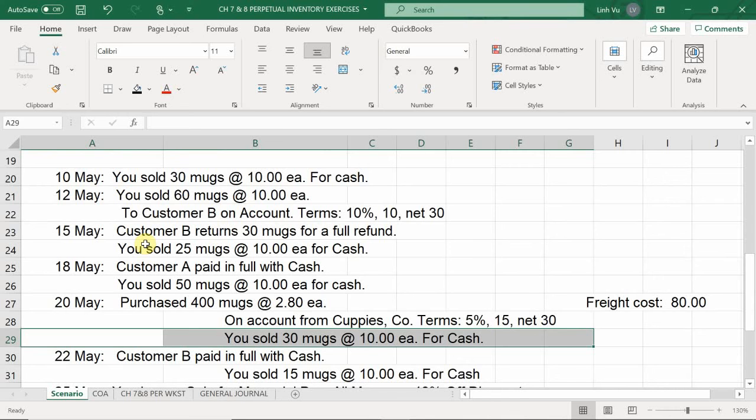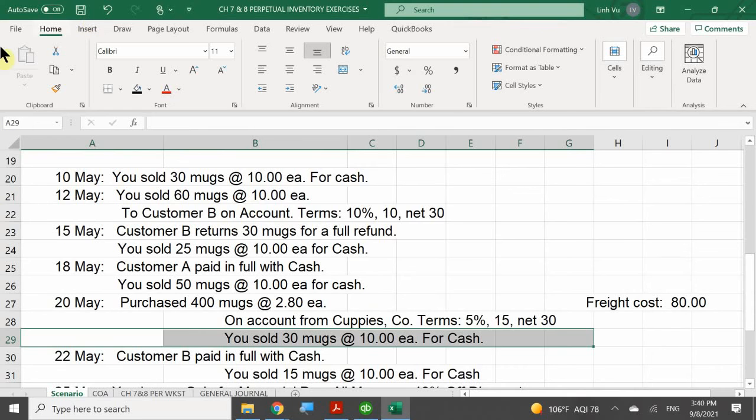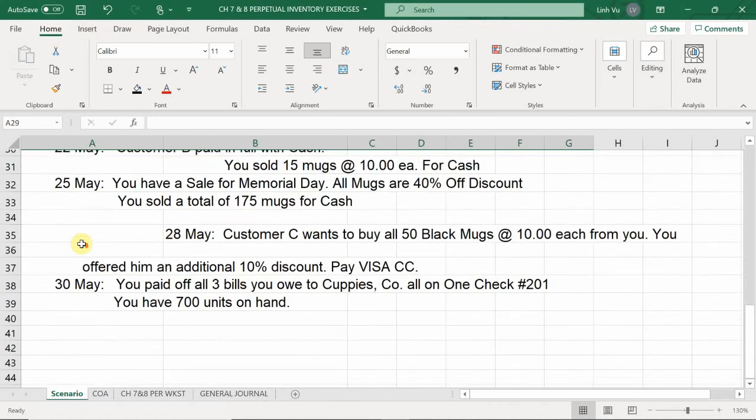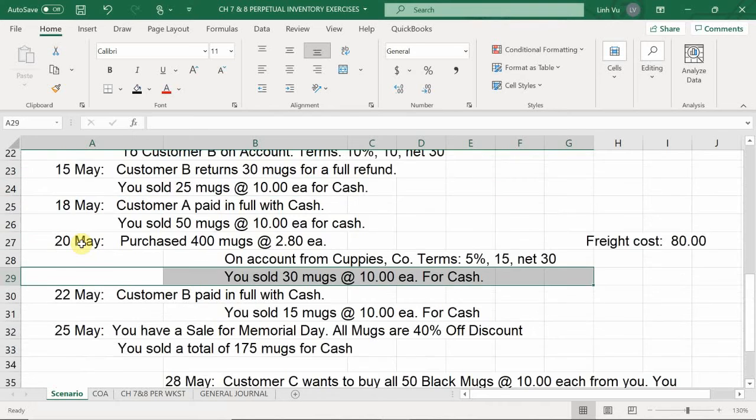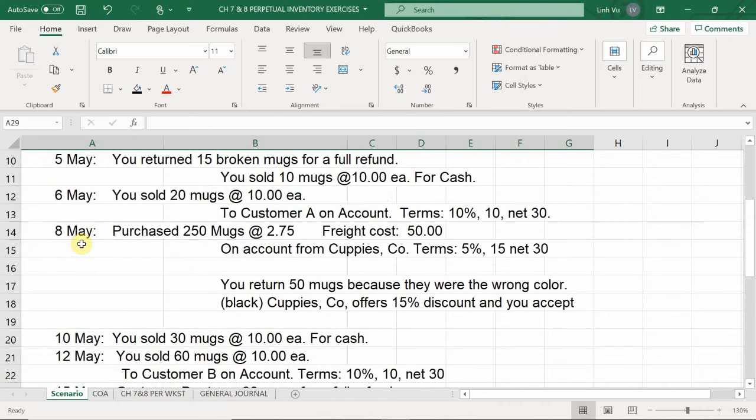So let's look at that transaction to figure out how much customer B owes me. When did customer B purchase from us? May 12th, and in this case he's paying on the 22nd. So did he also meet the discount period?